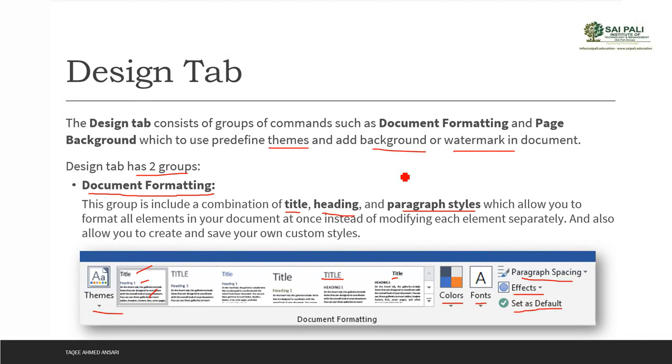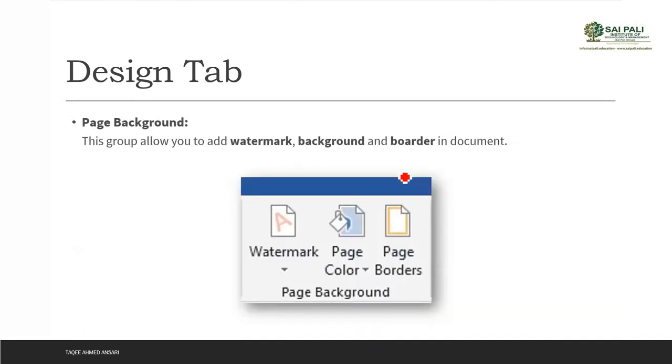The next group in this tab is Page Background. In this group we have three commands: watermark, page color and page borders. The watermark is to add watermark text in our document.